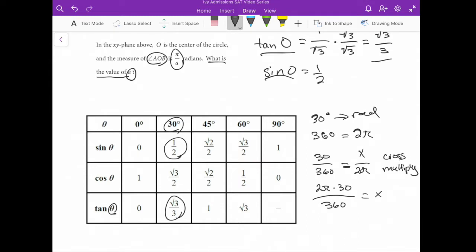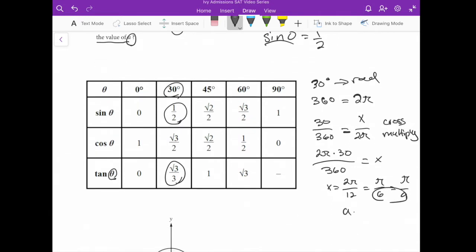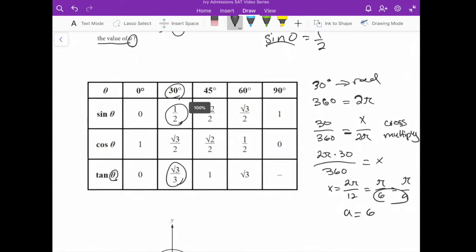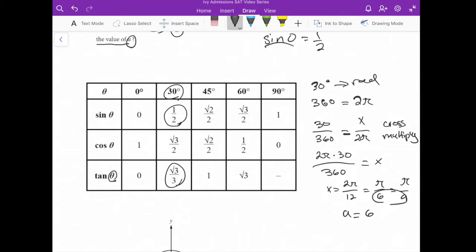Simplifying this, we end up getting x is equal to 2 pi over 12, which is equal to pi over 6. And again, we're looking for this a value, which corresponds to pi over a. So this angle is equal to pi over a, and we can see here a is equal to 6. So we went through all this work and had to memorize this entire table just to finally get to the answer of a equals 6.